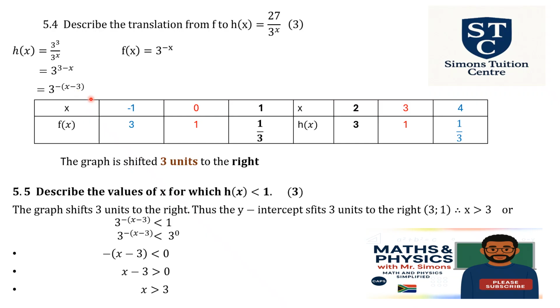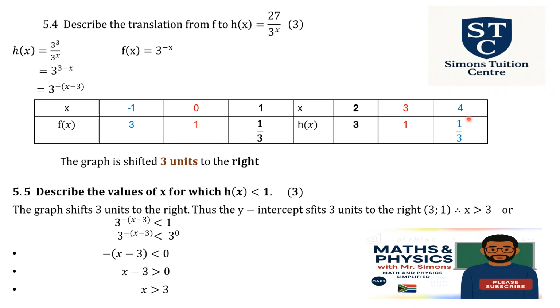But here I'm going to show you, if I take f of x and put in negative 1, 3 to the power positive 1 gives me 3. If I put 0, I get 1. If I put 1, it's 3 to the negative 1, which becomes 1 over 3. Now to get the same answers for the second one, if I take 2, 2 minus 3 gives me negative 1, times the negative, positive 1, so that gives me 3.